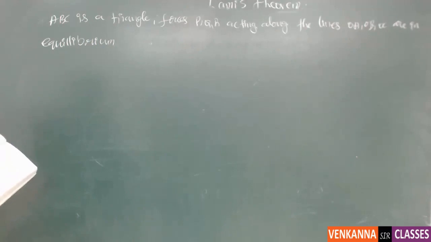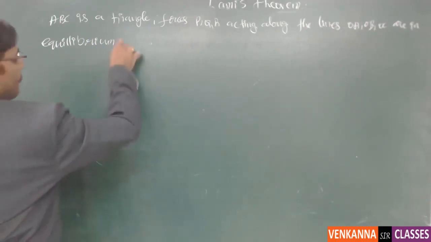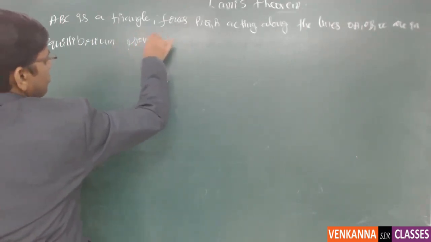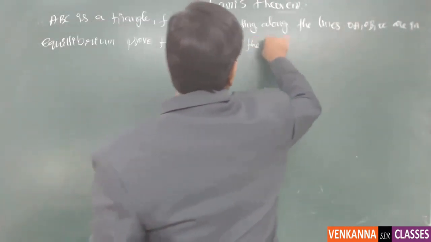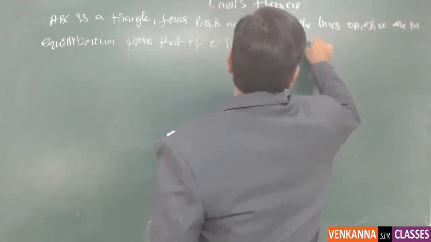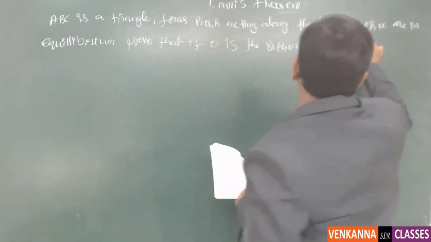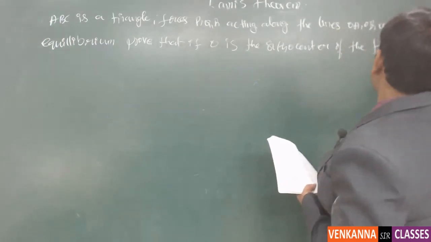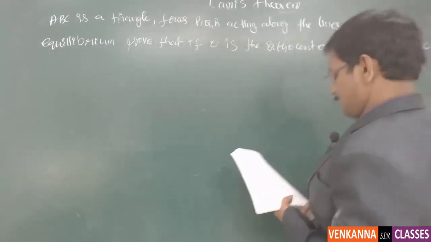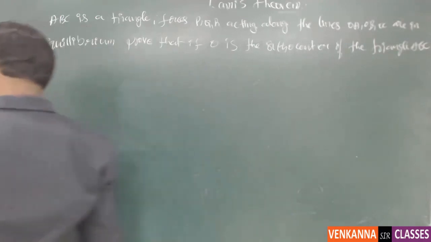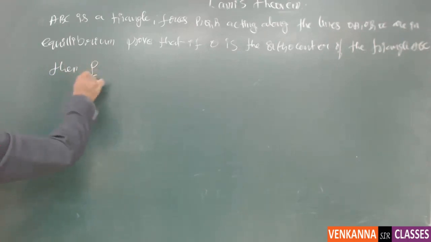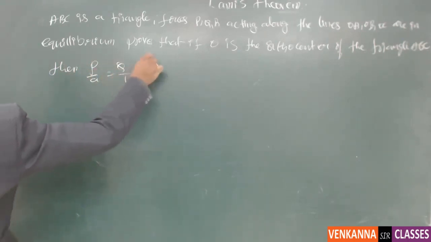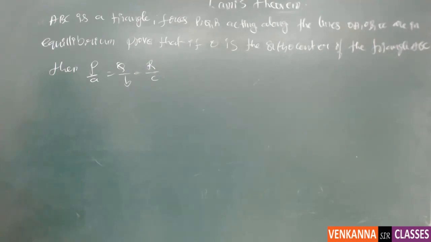Prove that if O is the orthocenter of the triangle ABC, then P by A equal to Q by B equal to R by C. Can you prove that?